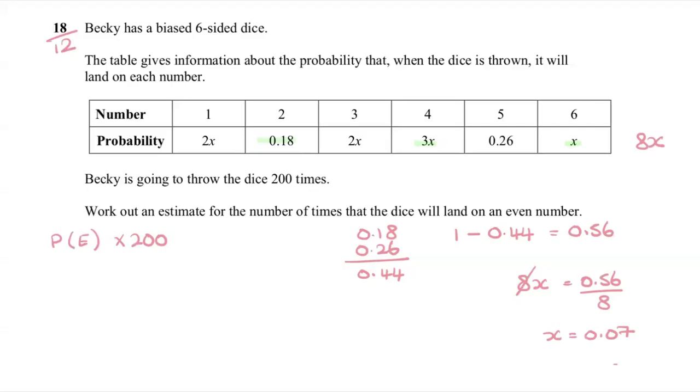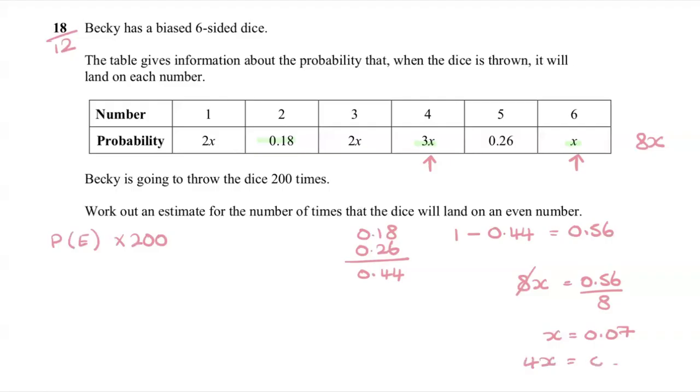So let's go back over to our even. We've got 3 x's here and an x here. So we've got a total of 4 x's. So we want to work out what our 4 x's are.